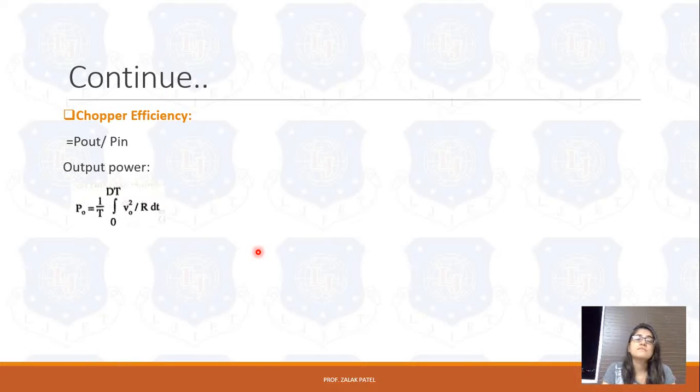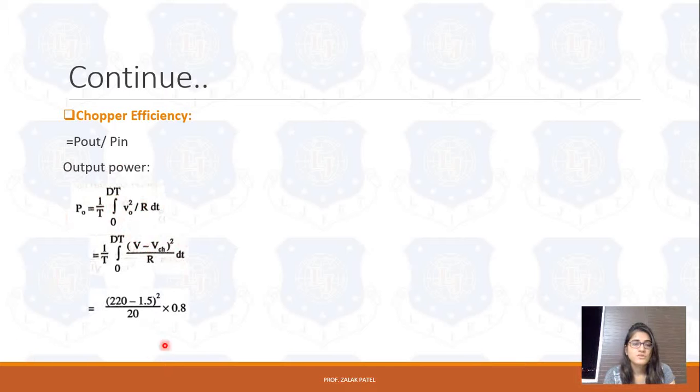Because power is V into I and I is equal to V upon R, and that's why V square upon R dt is taken. Again the integration is in terms of the duty cycle, so 0 to dT is taken. In terms of V0 square, we have to write V minus VCH here. So it will be (220 minus 1.5) square upon 20 into 0.8.